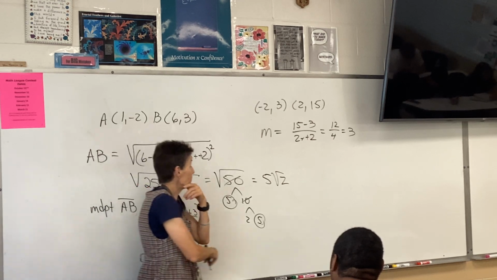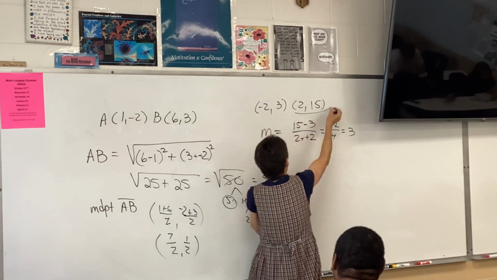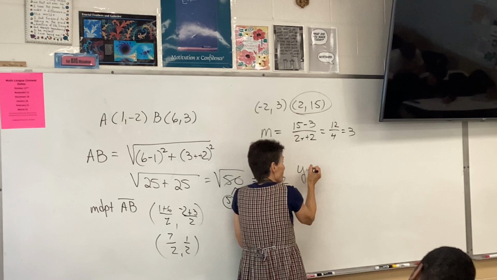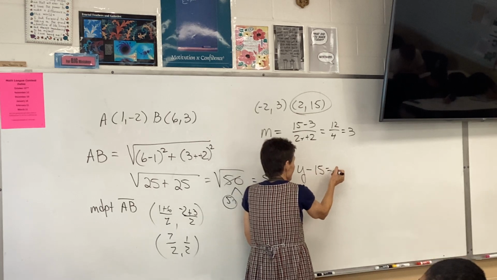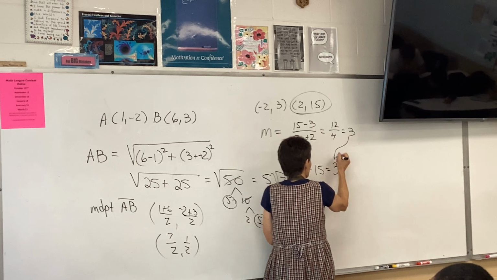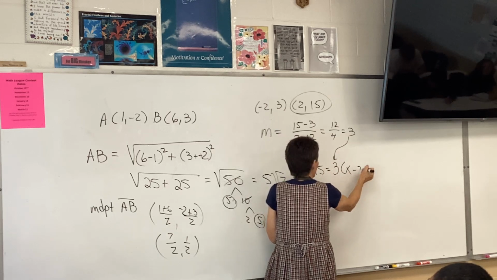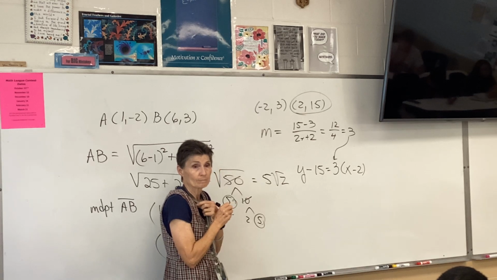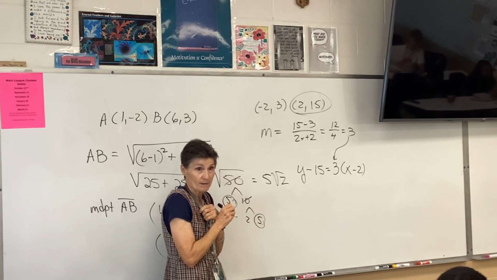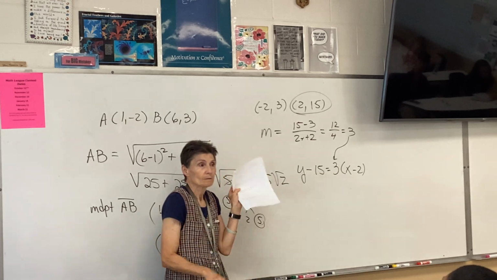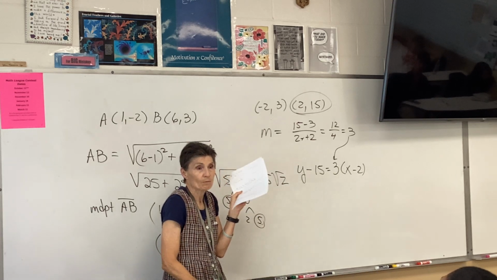Now, how do we get the equation of the line? Y minus Y. Pick a point. Yep. Want to use that one? Doesn't matter. Just pick one. Y minus 15 equals 3 times X minus 2. Is that right? Now, did the directions say? It doesn't say how to write it.